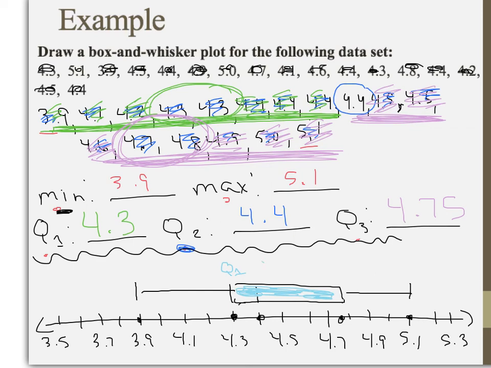The line in the middle represents your quartile 2, that's the median of your whole set of data. And then the right end of your box represents your quartile 3. That's the median of the upper part of your data. And then your left whisker down here, this is your lowest value in your data, and the right whisker is the highest number in your data.